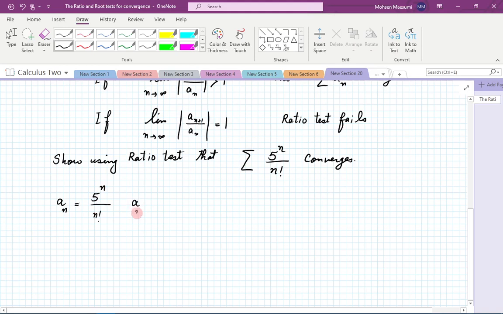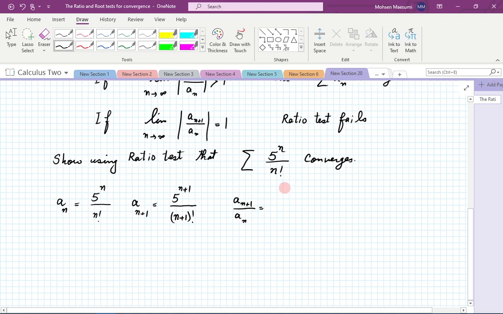That's a sub n plus 1. That means our exponent going up one notch. This factorial also going to go to the next factorial, whatever it is. The ratio of these two, we might as well calculate it and simplify before we actually apply the limit to it.